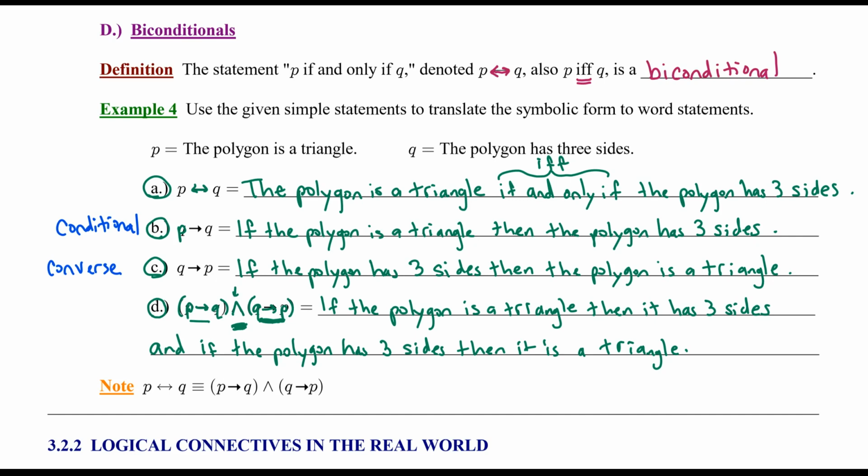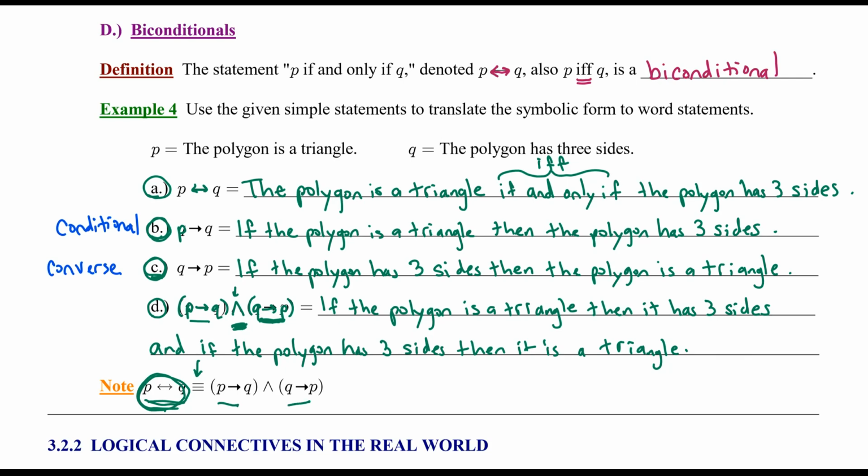It is the conditional and its converse joined together in one symbolic statement. So if you want to get really fancy, we could say the biconditional, P, if and only if Q, is equivalent to, that's a fancy equals that we use with logical statements, if P then Q and if Q then P. So we're saying the biconditional represents both directions of the conditional.